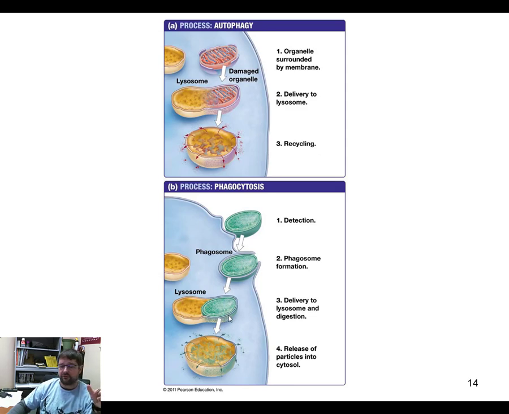When we talk about protista, lots and lots of protista, this is how they eat. They engulf things, bring it in as a phagosome, lysosomes are called to action, and dissolve the material. Or maybe not lysosomes, but something else which has digestive enzymes.